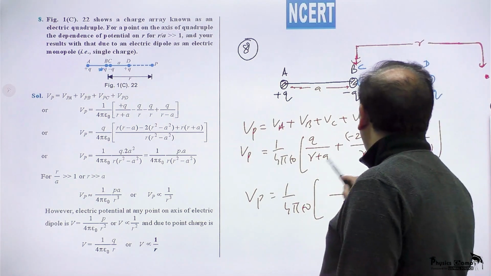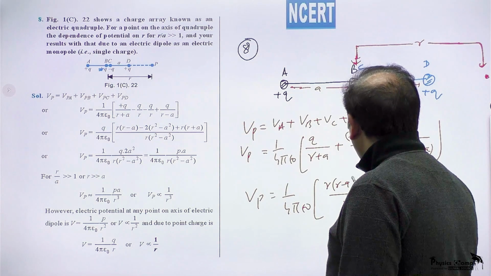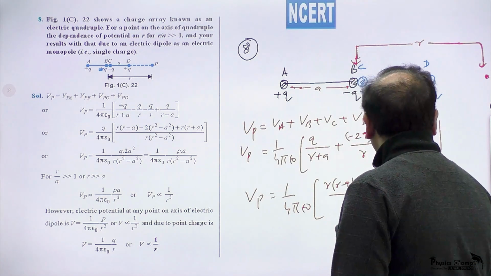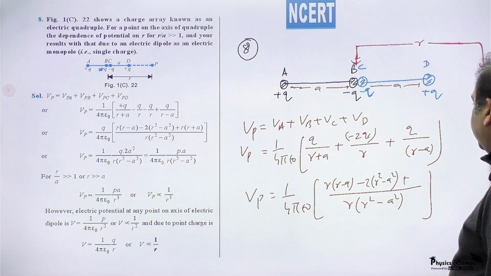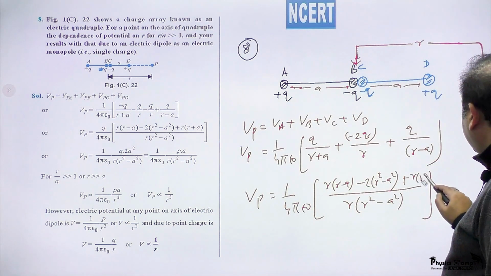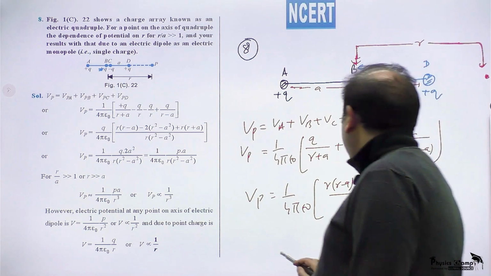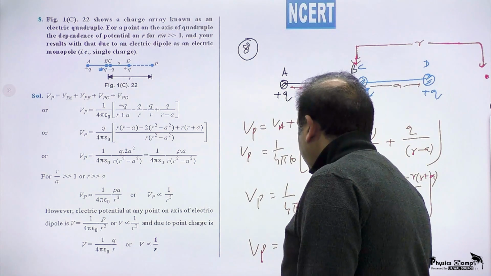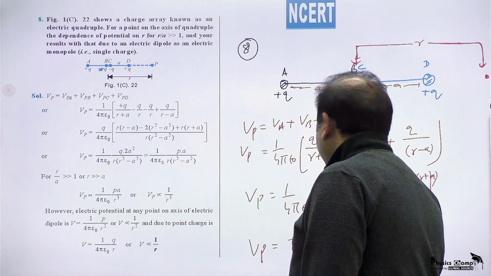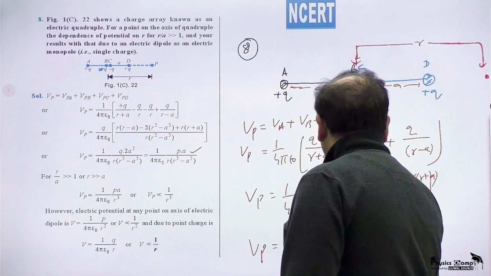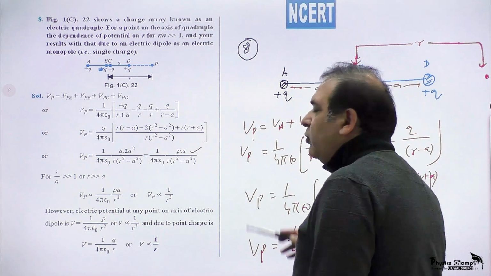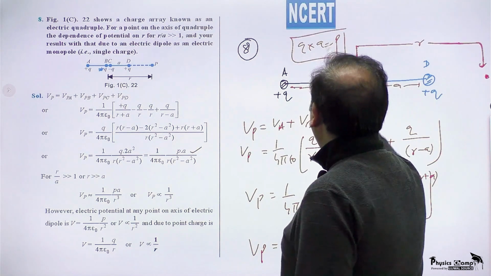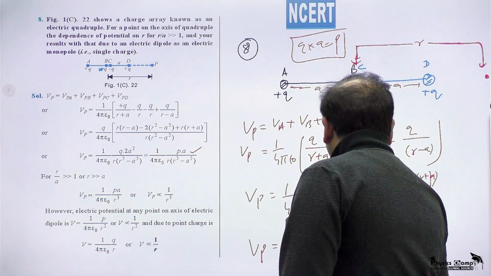Here it will be R into R minus A, minus 2 into R square minus A square, plus R into R plus A. As a result, the net potential at point P is 1 by 4 pi epsilon naught PA, where the dipole moment P is Q into A, by R into R square minus A square.